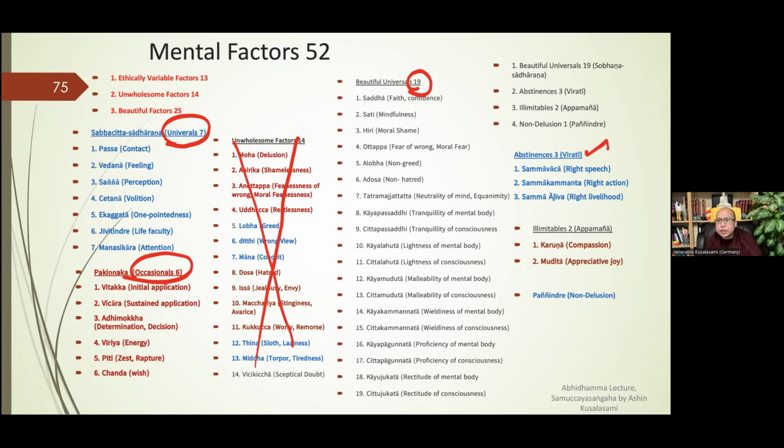At the moment of the Magga Chitta there is no karuna and mudita, and panna. Is it correct? 7, 6, 19, 3, 1. I'm not good at mathematics.